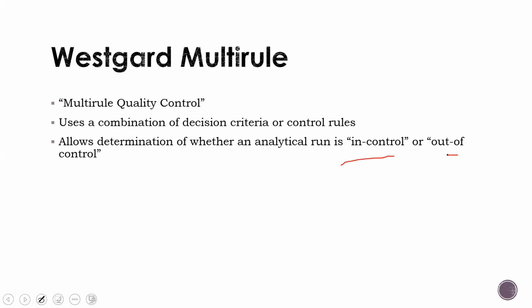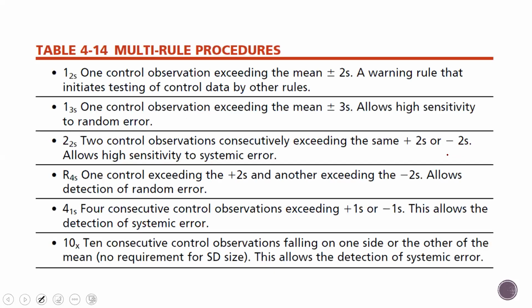Westgard Multirule or Westgard rule is a combination of decision criteria or control rules. Ayan. So, ito siya. We have 1-2S, 1-3S, 2-2S, R4S, 4-1S, at saka 10X. So, tignan natin isa-isa.